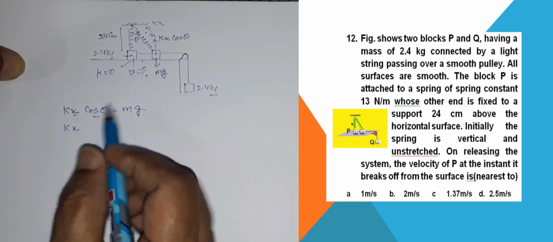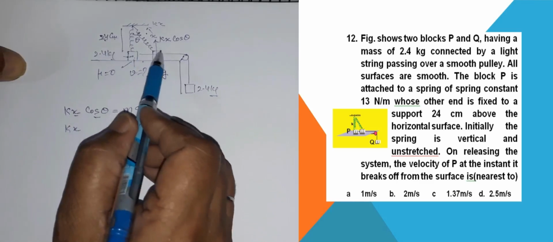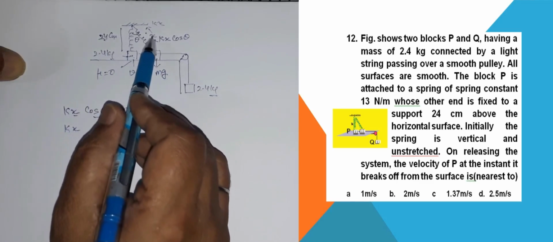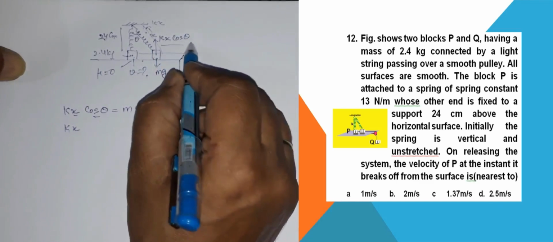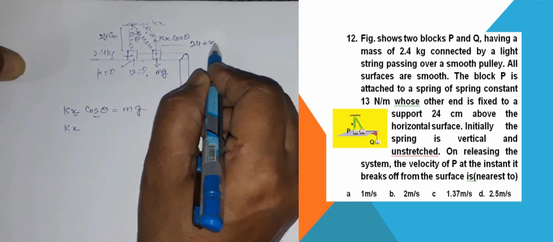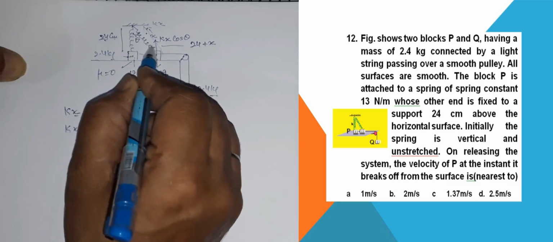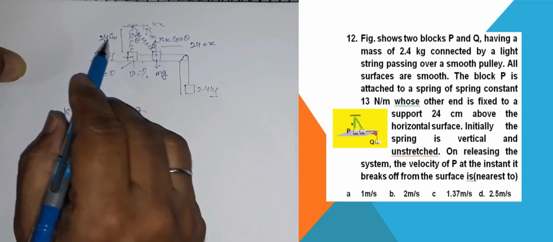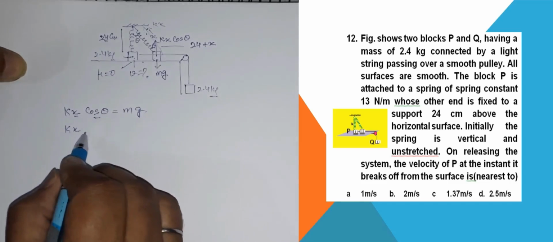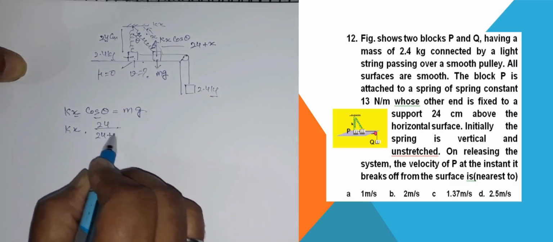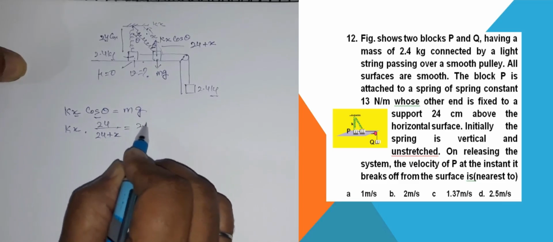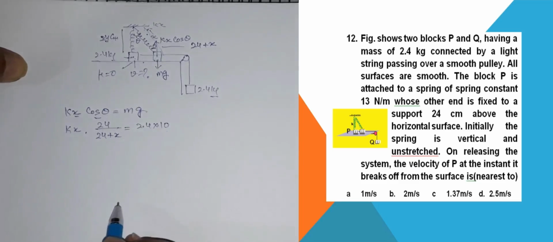What is cos theta here? If this is 24 and spring is extended by x, that means this length will become 24 plus x. If this angle is theta, so cos theta is 24 upon 24 plus x equal to 2.4 into 10.